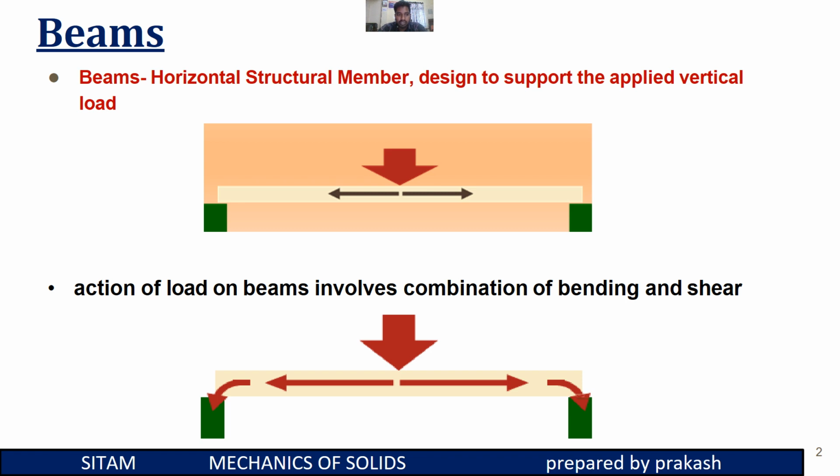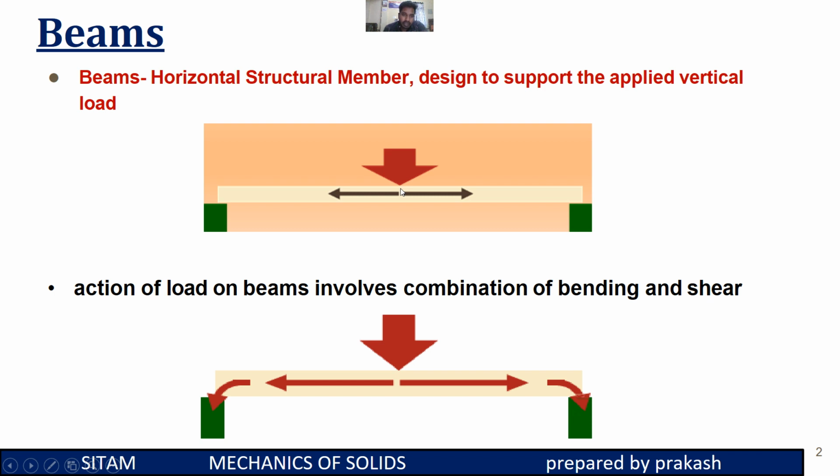Due to the action of loads, beams experience a combination of two effects, that is, either bending or shearing. Here you can see in the image, this is a simply supported beam and a vertical load is acting at the center of the beam.